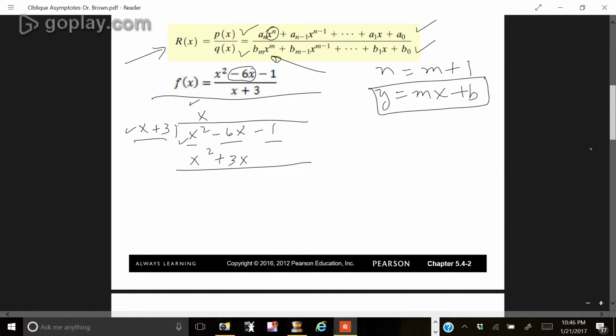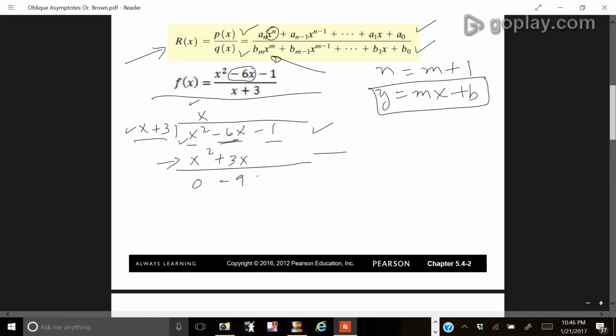So we take this and subtract off this. So x squared minus x squared is 0, minus 6x minus 3x is minus 9x. And then we bring down the minus 1.